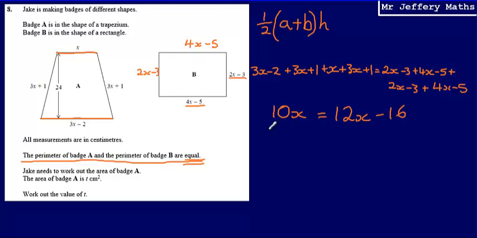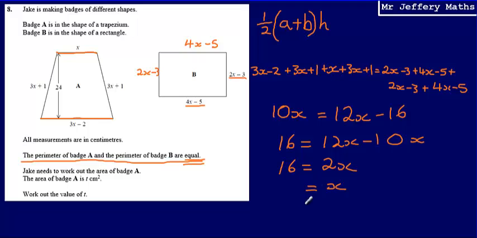If I take away 10x from both sides and add 16 to both sides, I get 16 is equal to 12x minus 10x, which is 2x, and that means that x will be equal to 8. So I've worked out my value for x. I can say that x is 8.